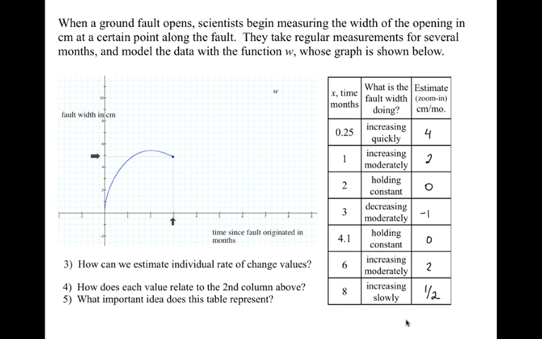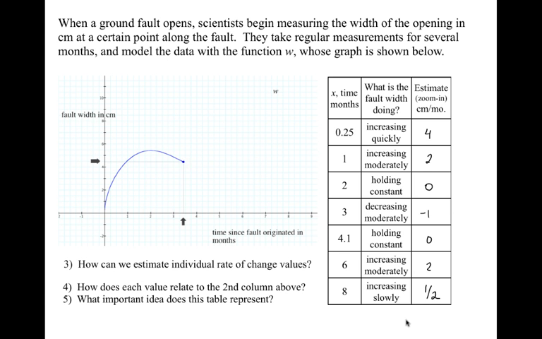So what important idea does the whole table represent? I've built this table here, and that represents a really important idea. What does it represent? Volunteer. What is the whole table a representation of? Okay, approximate rate of change at those moments.